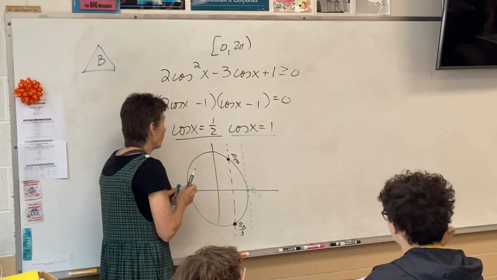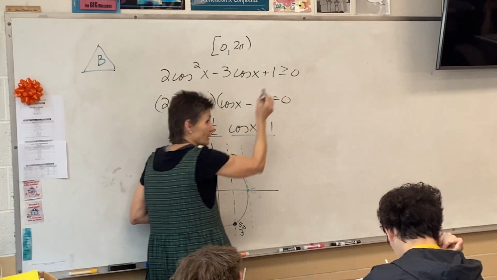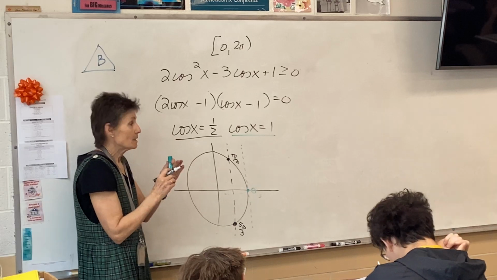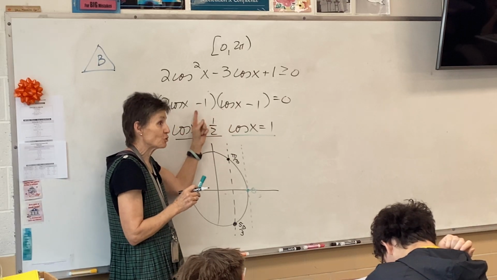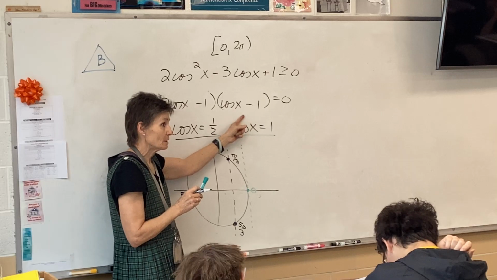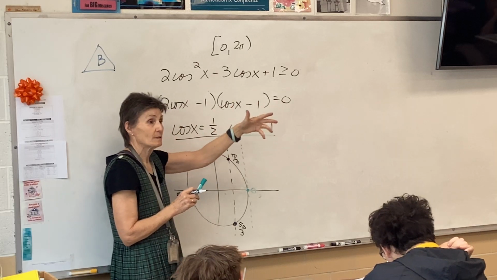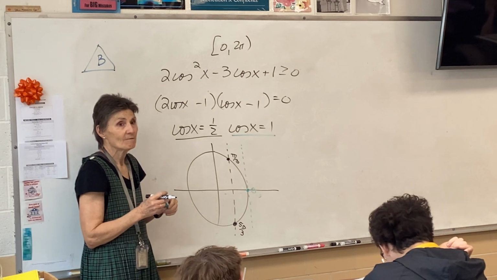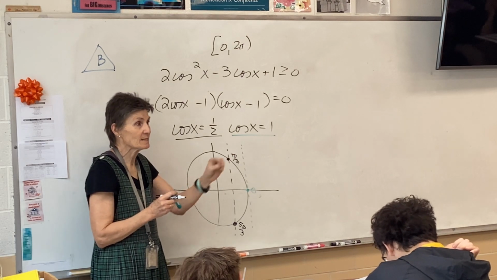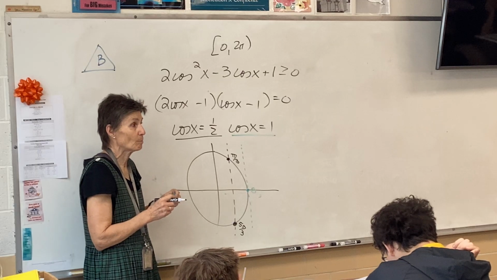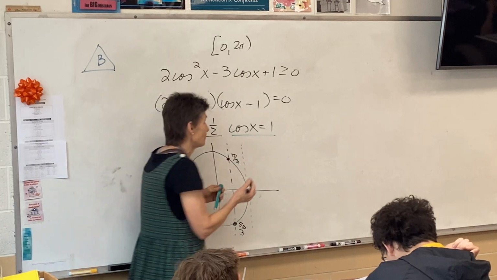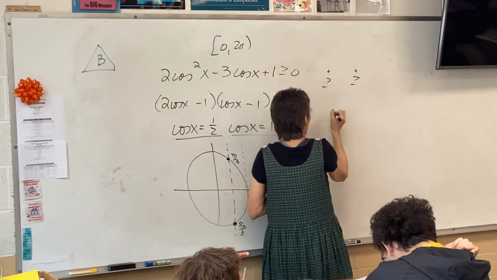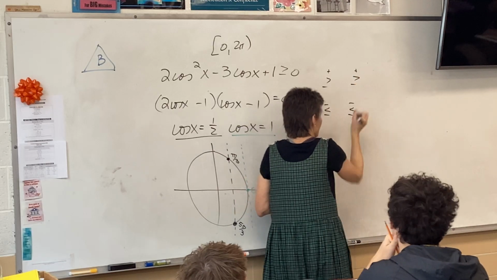Okay, so now, this was an inequality. A greater than. I am multiplying these two factors together, and I have to be greater than 0. So what does that mean about my factors? If I need to be greater than 0, then my factors are either both positive, or they're both negative. Would you agree with that?